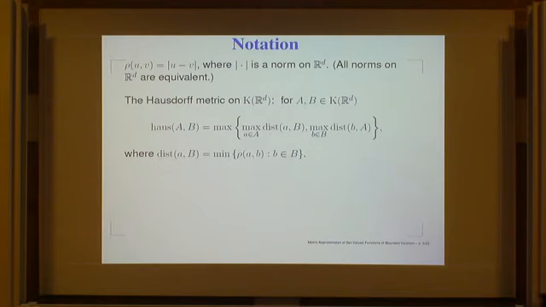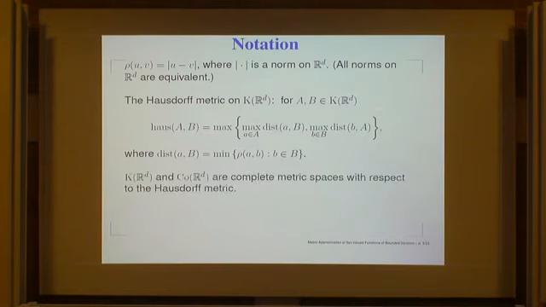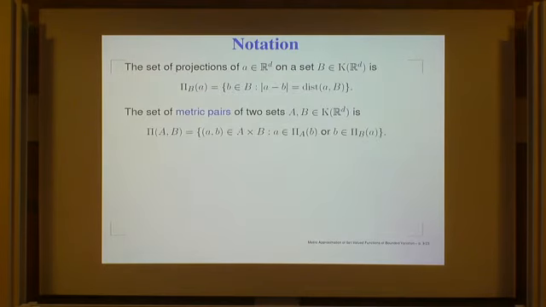So for one set and a given point, this is the usual definition, the distance between the point and the set. We just look for the point which is the closest, and for the Hausdorff distance we maximize over all the points. Yes, it's a known construction. Both the space of compact sets and also the space of compact convex sets are complete metric spaces with respect to the Hausdorff metric.